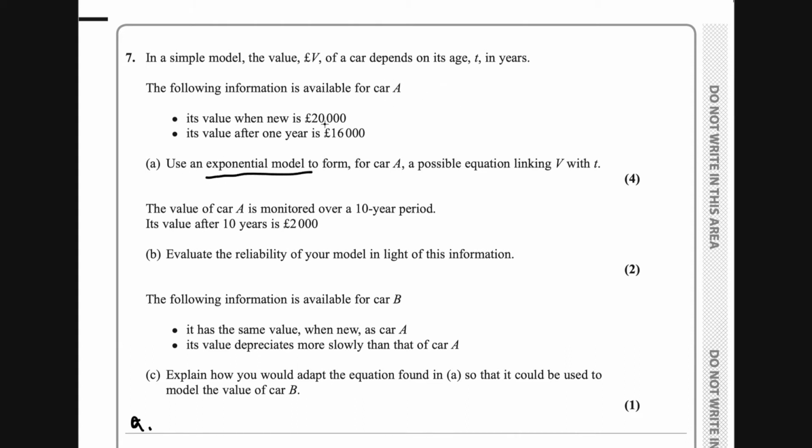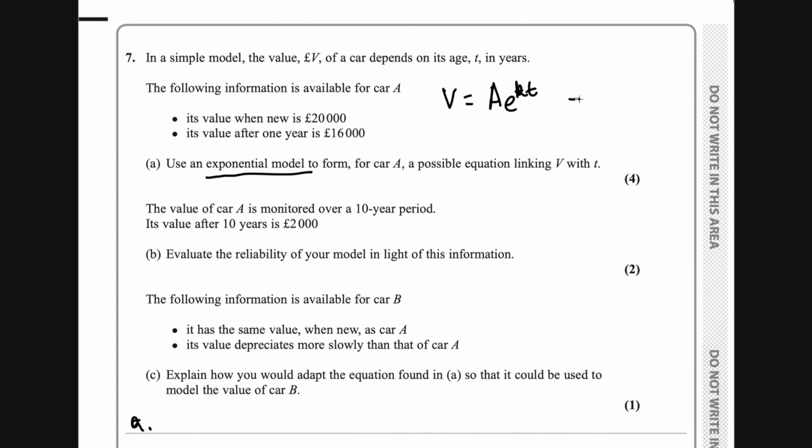When it comes to the derivation of this model, what we need to understand is that there are almost 2 types of exponential model we can create. We can have V equaling some constant A multiplied by e to the power of kt, where k is a constant.